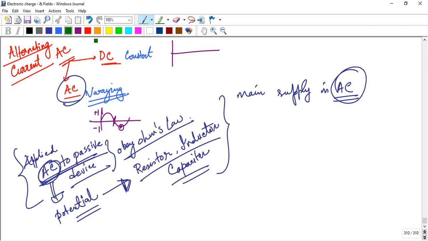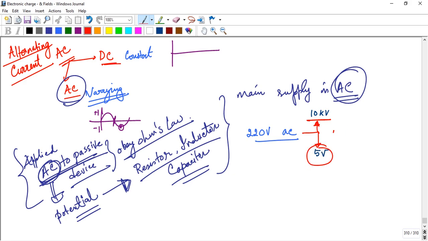Suppose in India there is a 220 volt AC supply, and some device in our home needs 10 kilovolt and some device needs only 5 volt. Using a step up transformer, we step the voltage up to 10 kilovolt, and then step it down to 5 volt.